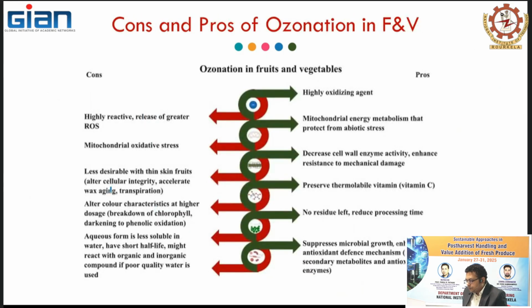So when we use ozonization for fruits and vegetables, of course there are pros and cons for every processing system when selecting for the product.